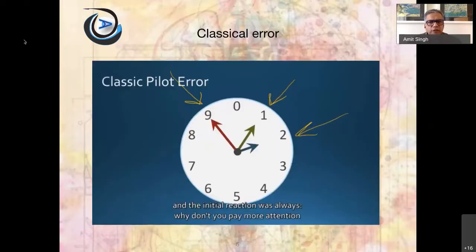A classical error which used to happen in the earlier generation aircraft, where the altimeter was designed in the form of the vintage watch. Now you have digital watches. So now in this particular example, the indicated altitude could be 20,900, or you could interpret it as 21,900.